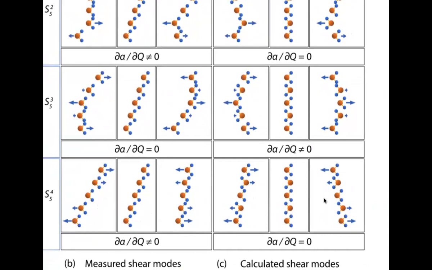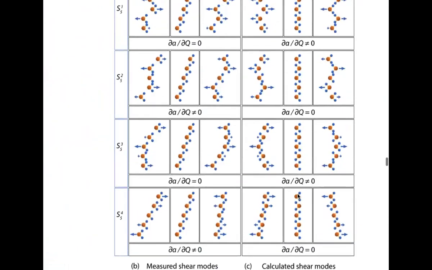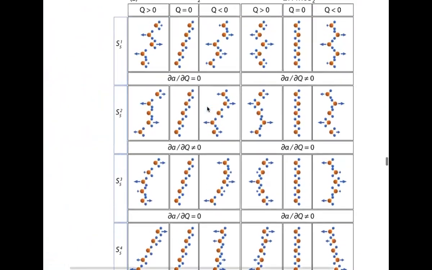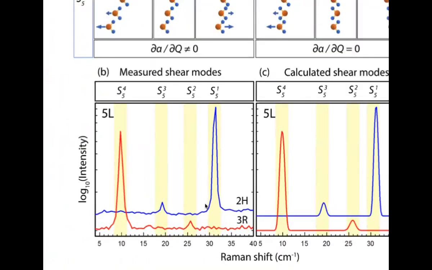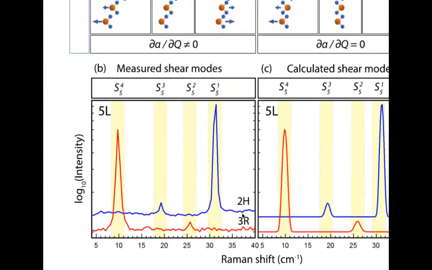I think Jeremiah spent quite some time to make these figures. And eventually, this is the result. If you combine the 2H and 3R, you see 1, 2, 3, 4. These are the 4 shear modes. You can see they're always complementary. You have one, then the other one doesn't have.